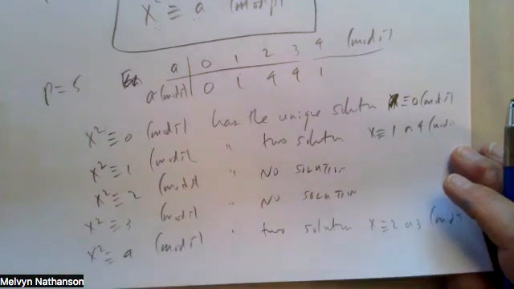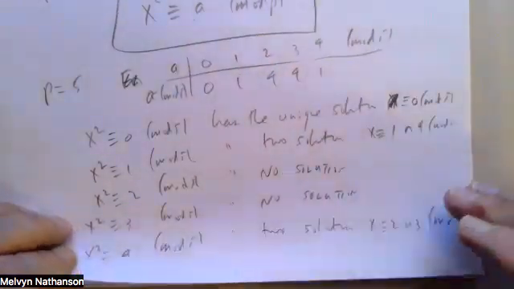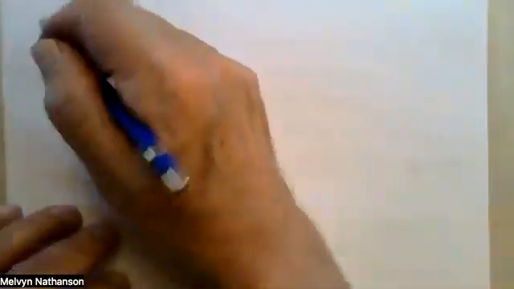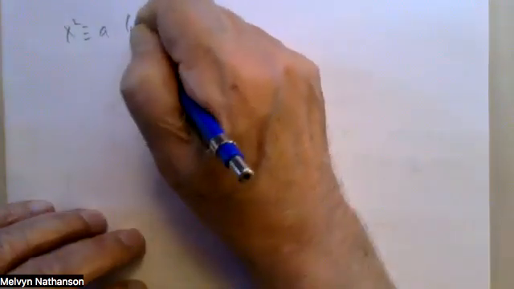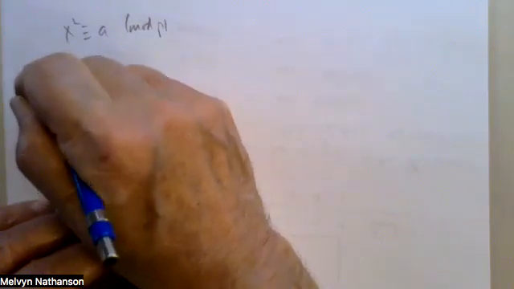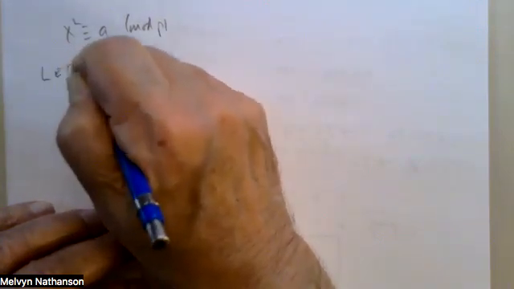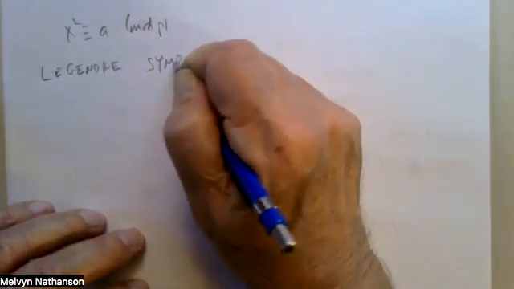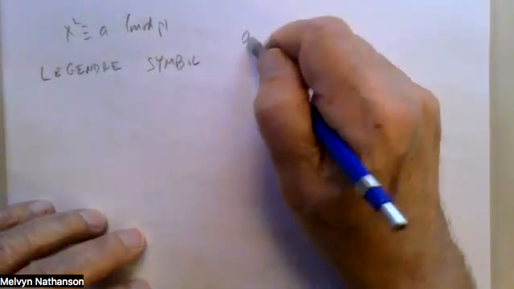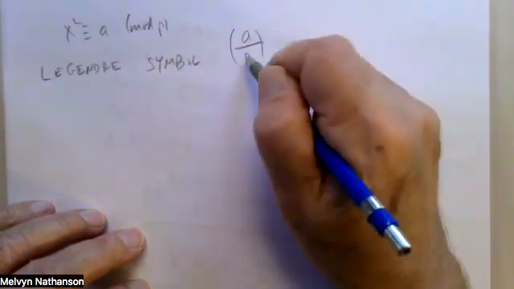So we introduce a symbol to tell us whether or not this congruence has a solution. We have the congruence x squared congruent to a mod p. So we define what is called the Legendre symbol, a over p in parentheses.